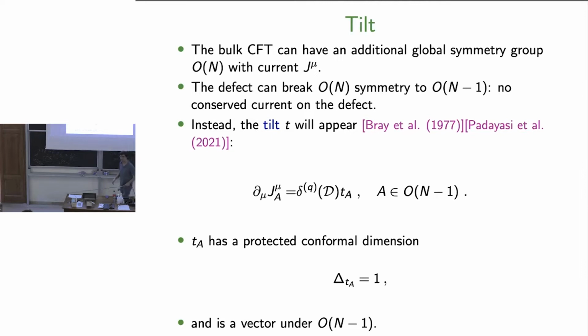But in principle, you could consider more generic things, in particular not even breaking the flavor symmetry, as you just pointed out. You mean a defect that preserves the conformal symmetry? Yeah, that I'm not going to consider in this talk. In this talk, we will always break it to this subgroup.